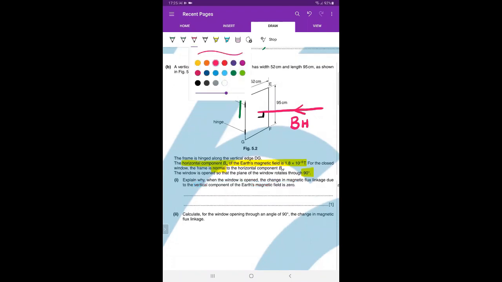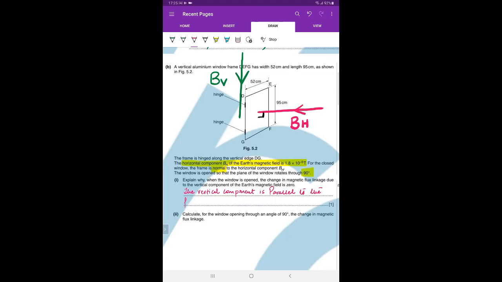So the answer should be: the vertical component is parallel to the plane of the window. Hence, no cutting effect.